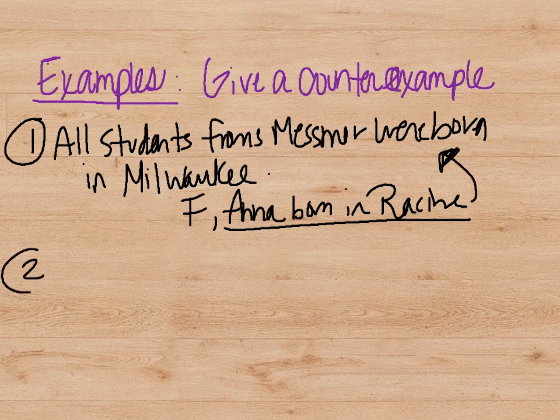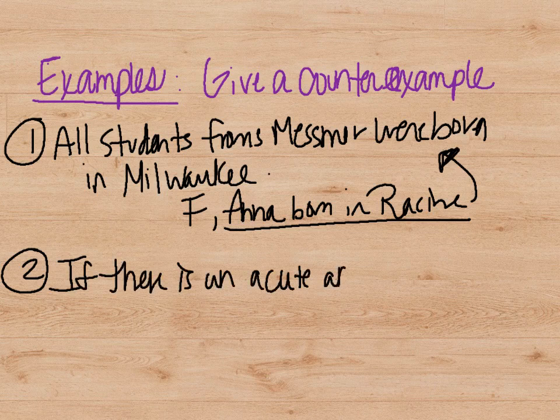So here's one that's more related to math. So if I said that if I had an acute angle, so if there is an acute angle, then it is 45 degrees. Is that a true statement? Well, acute angles can be 45, but are all acute angles 45 degrees?